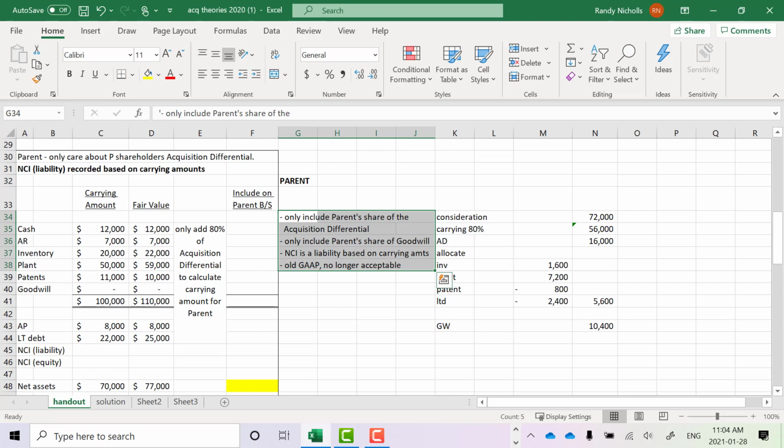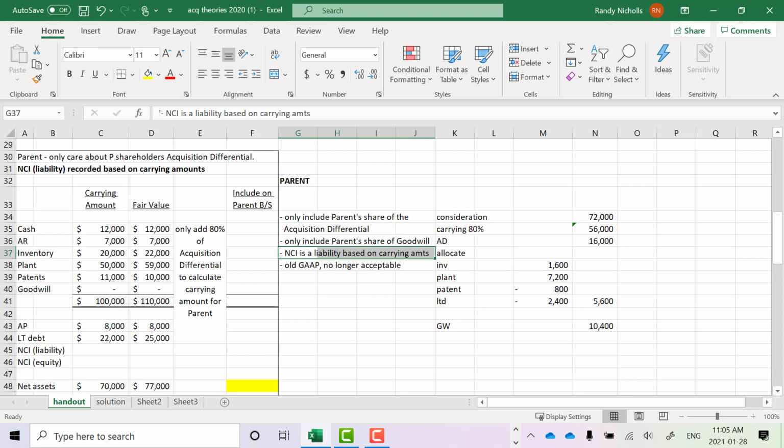But we are only going to pick up our share of the difference between fair value and carrying, because essentially we're saying we're willing to pay that difference, but maybe others aren't, or we really have no evidence that the fair value is that much higher. So we'll pick up all of the carrying amount of the asset we control, but we're only going to pick up 80% of the difference between fair value and carrying, because that's how much we bought. So we only include our 80% of the goodwill.